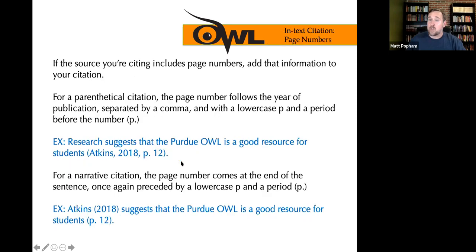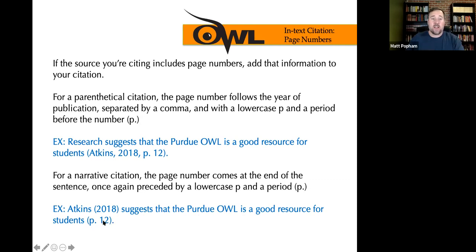However, you can also do that as you write, and it can get just a little bit more complicated, but it flows really great when you're reading it. So just compare these sentences together. So here's the narrative citation style. Atkins, 2018, suggests that the Purdue OWL is a good resource for students.